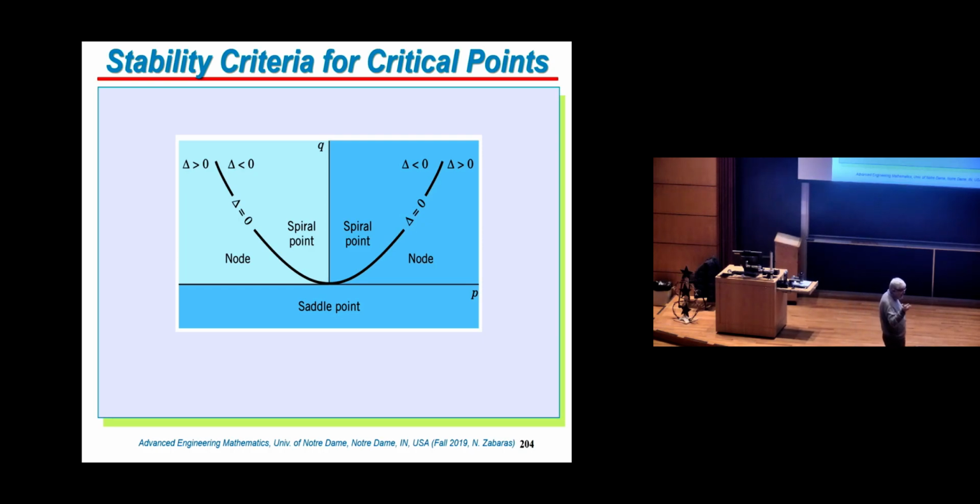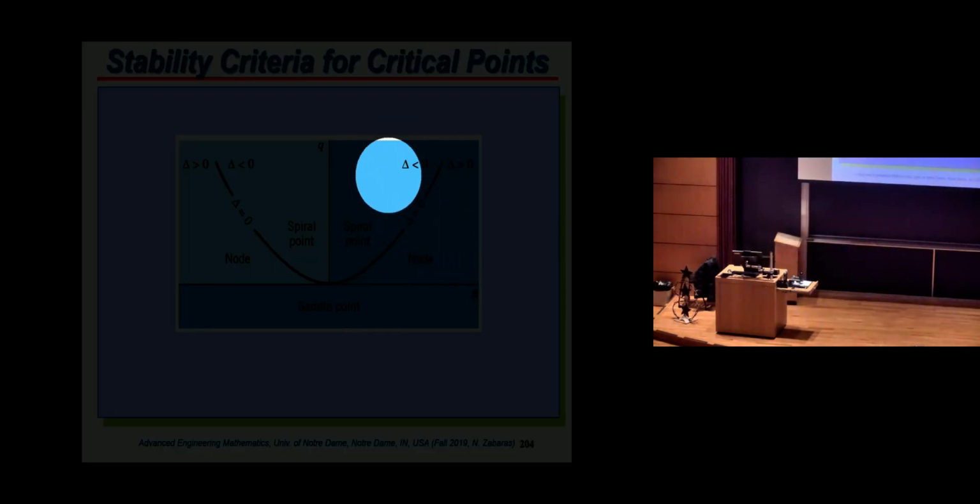The eigenvalues come in complex conjugate form. So lambda 1 plus lambda 2, which is P, is 2 times A. And this region P is positive. Right? So basically, this is an unstable spiral point because the real part is positive. So here is a spiral point. Here is a node. Here is a saddle point for Q negative.